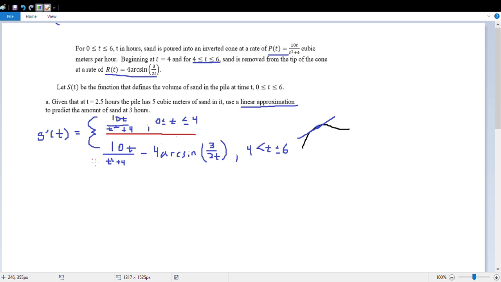So let's go ahead and evaluate that. So I'll simply find s prime of 2.5 by evaluating 10 times t over t squared plus 4. And we'll just simply use a calculator for that.